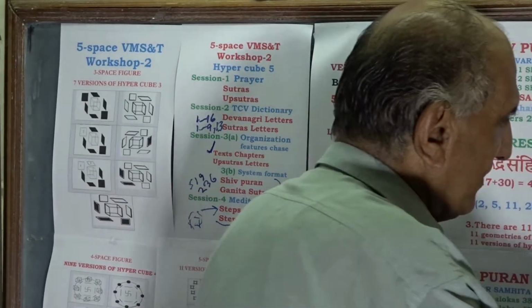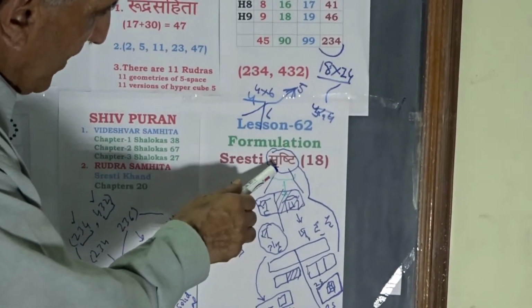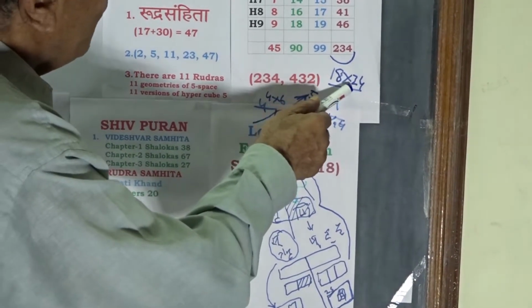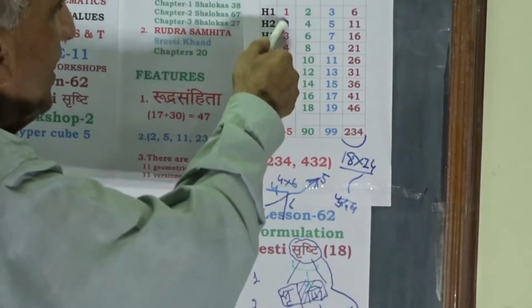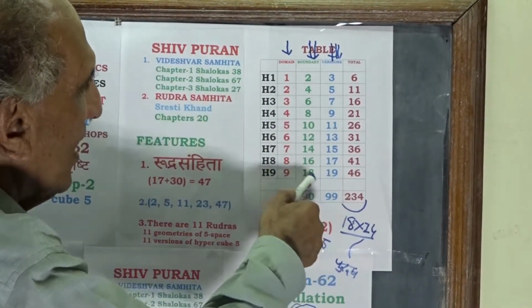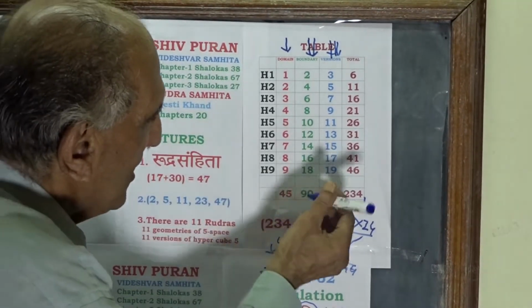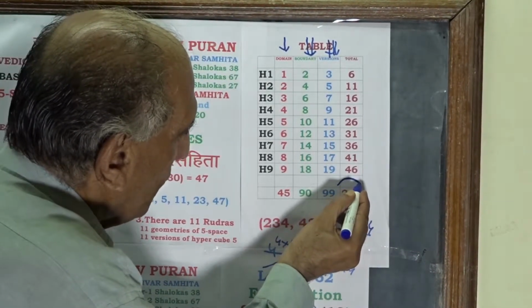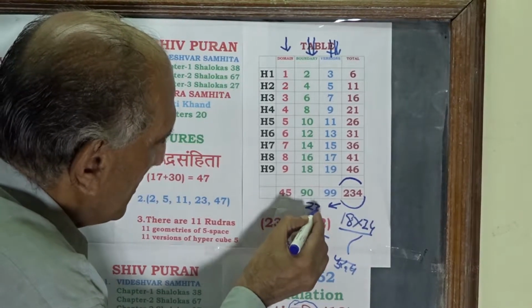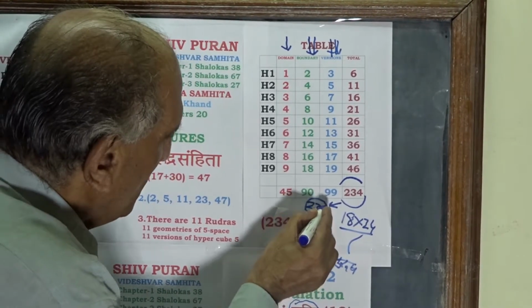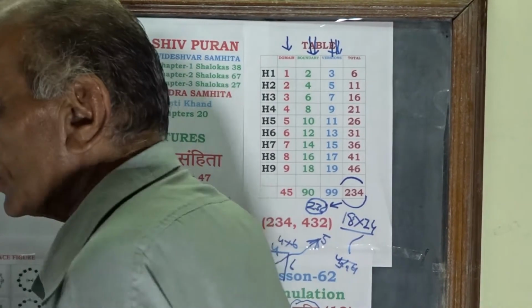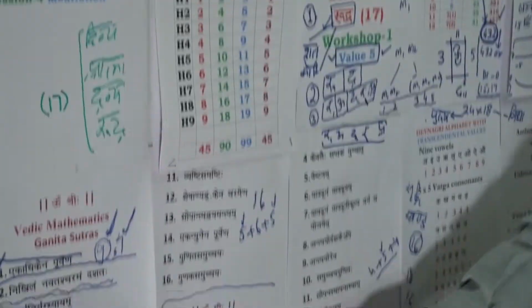Therefore, these all features of the formulation Srishti 18, taking us to 18 into 24, taking us to the domain, boundary, and the number of the versions of the hypercubes, all these components are taking us to 234, and 234 as a dimension takes us to 236, and this 236 takes us to the total number of letters of the Ganita Upsutras.